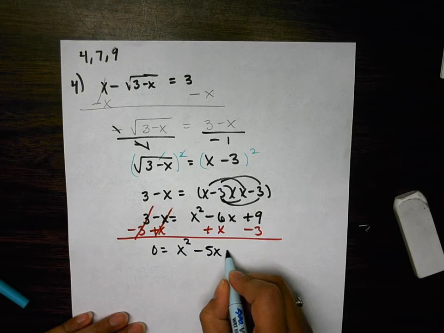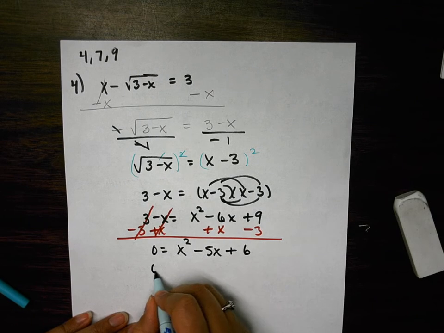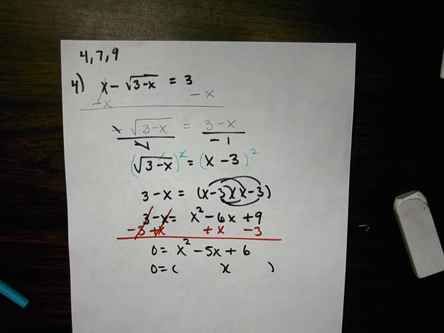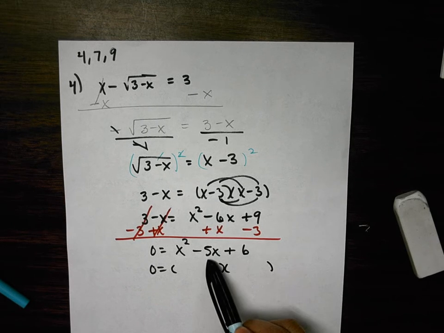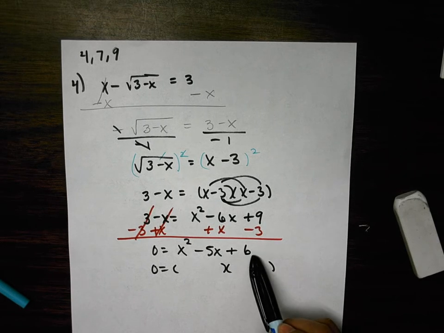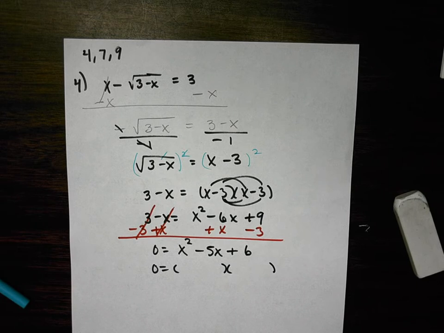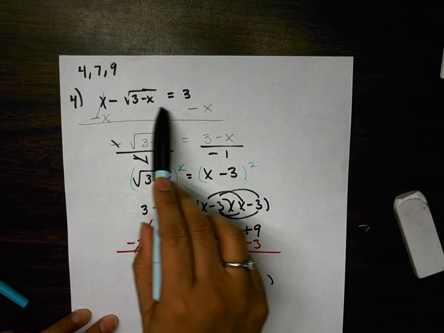All right, 0 equals x squared minus 5x plus 6. You guys have got it from there? Be careful with the 6 and the 5, because sometimes it's 2, 3, sometimes it's 6, 1. You have to be careful with your signs.